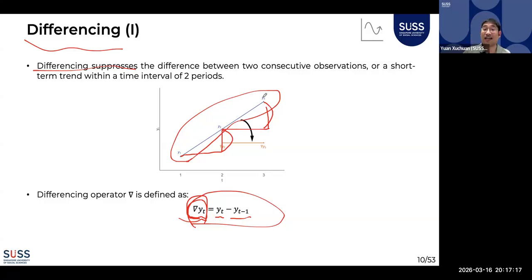Then you do a stationarity check using, for example, ACF, PACF, to see whether the time series is stationary or not. If the data is not stationary, you may want to remove certain components, those trend, seasonality, cycles, right? And then you convert the data into a stationary time series. With the stationary time series, you will then use the methods we are looking at today: AR model, MA model, ARMA model.